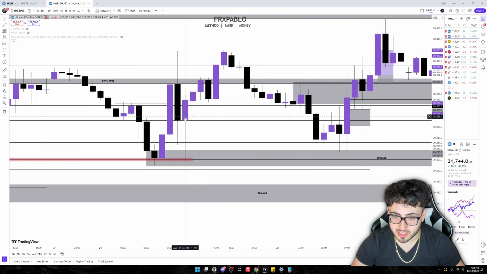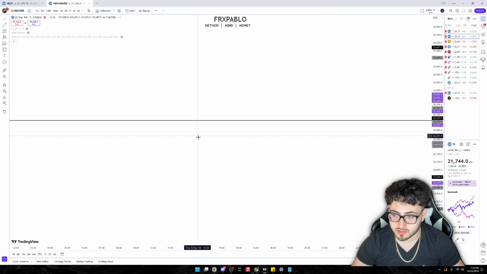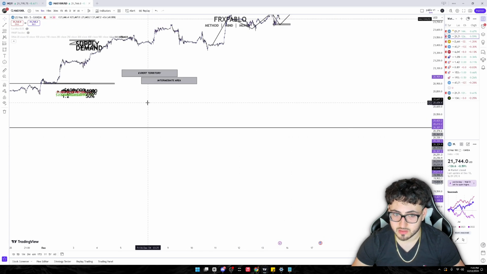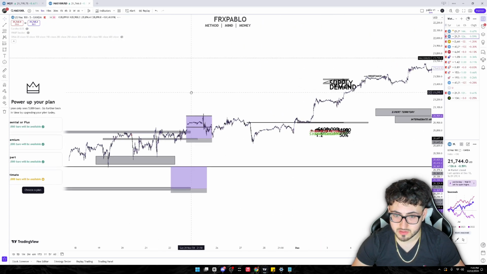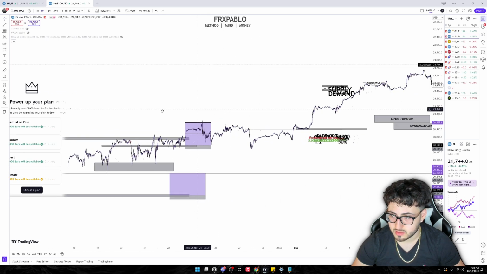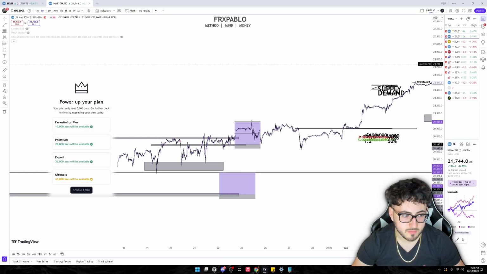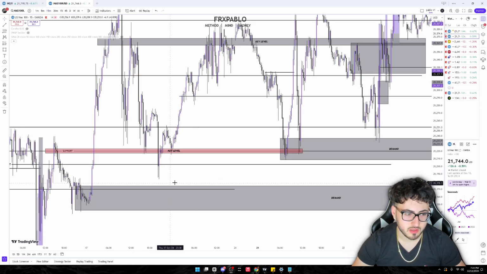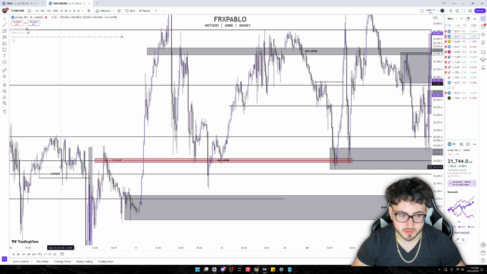This candle, 11 a.m., right? What happened? We tapped into this zone, right? Let's go on the 5 minute. Let's take a quick look. Okay, and I hate TradingView, it always does this. Okay, boom. So here we're on the 15 minute.